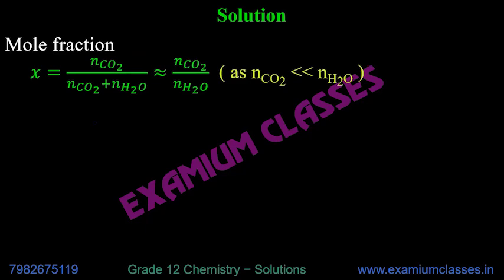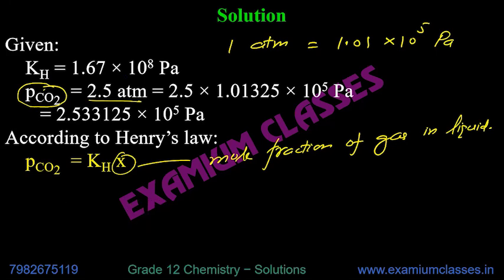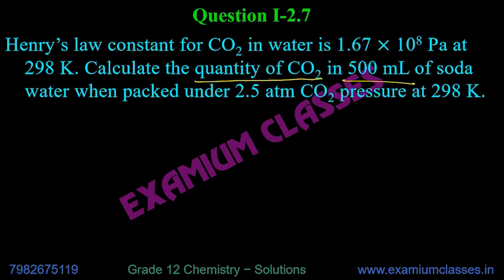Here we have made the approximation that the number of moles of carbon dioxide dissolved in water, as compared to water, is very, very low. How do we get this?